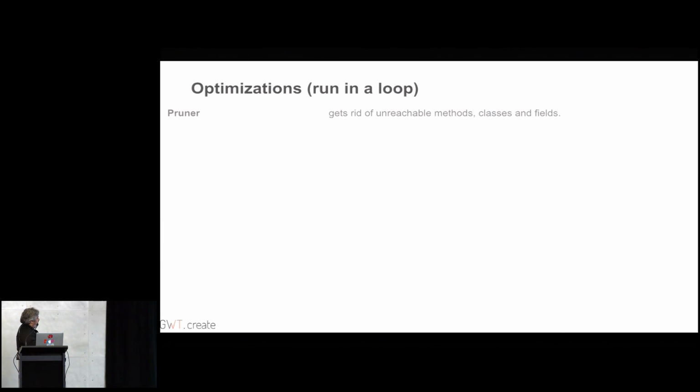The first one that we have is called the pruner. It traverses the control flow graph of the whole program, starting from the entry methods, and gets rid of unreachable methods, classes and fields. The interesting thing about the control flow algorithm that we use is that while traversing the methods, it discovers which classes are actually instantiated.